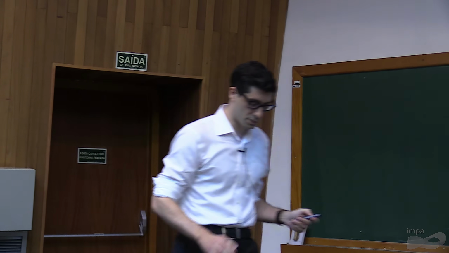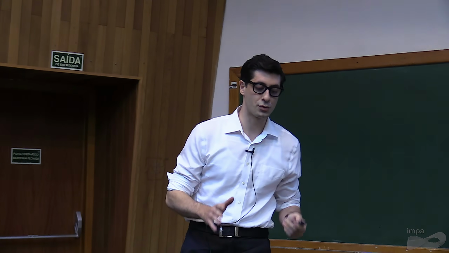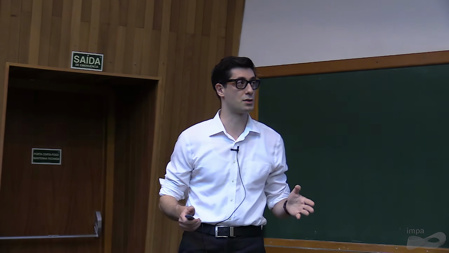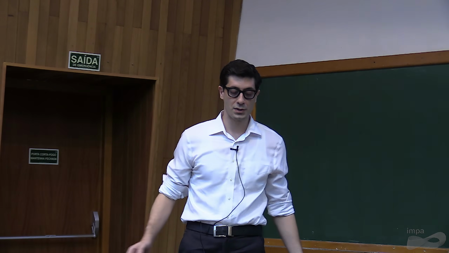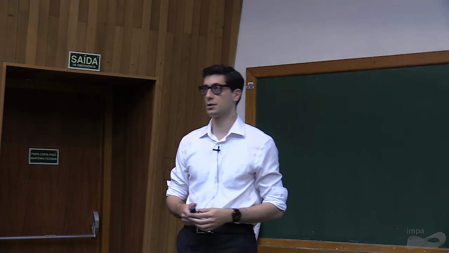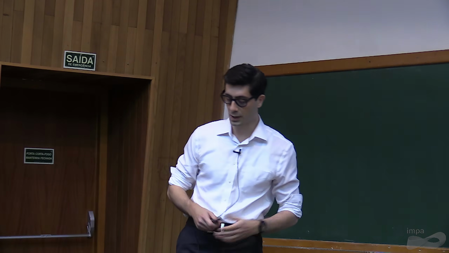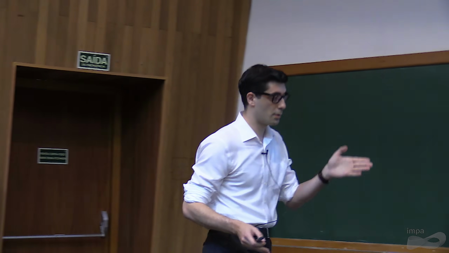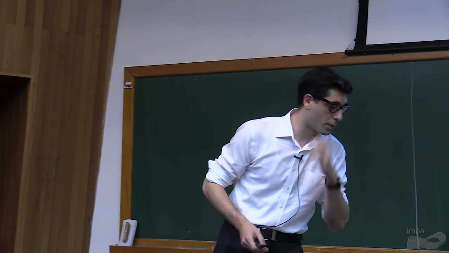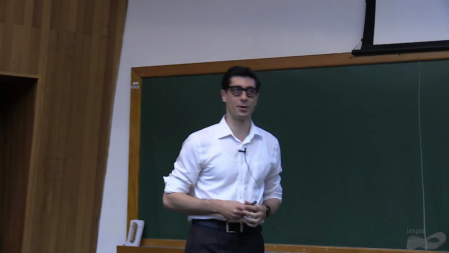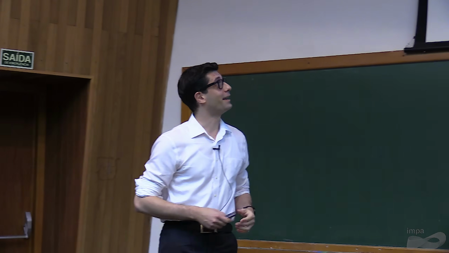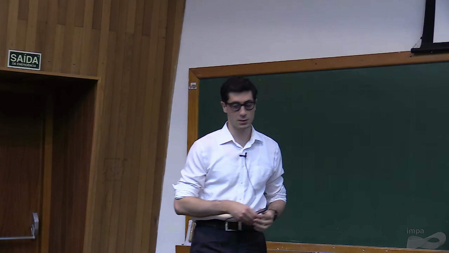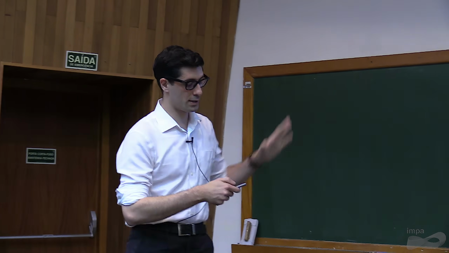So as for motivation, one way to try to motivate this is to look at arithmetic groups, because arithmetic groups have been studied for 60 plus years, and in particular arithmetic Fuchsian and Kleinian groups. And we know a lot about these objects. Perhaps not me, but the community knows a lot about these objects. And there are some things that we only know for these objects. And I have a very short list here.